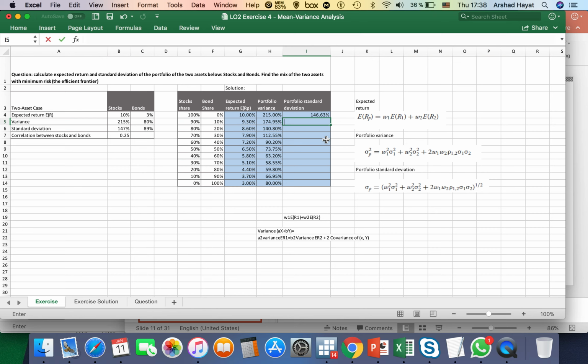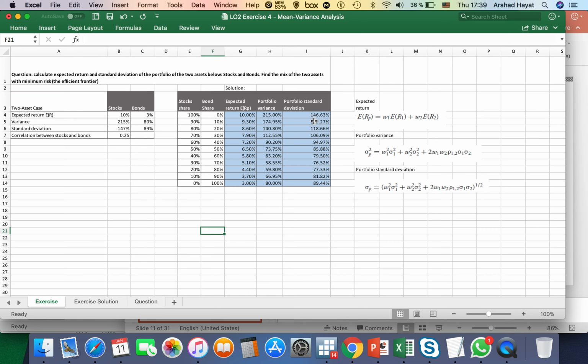Or we can simply write equal to square root, which is SQRT, and then this, and bracket close, and then we get this number. We'll simply drag this down here, and the same applies to all of this. So we have the standard deviation of our portfolio like this. So I'll simply now clear this because we don't need this.